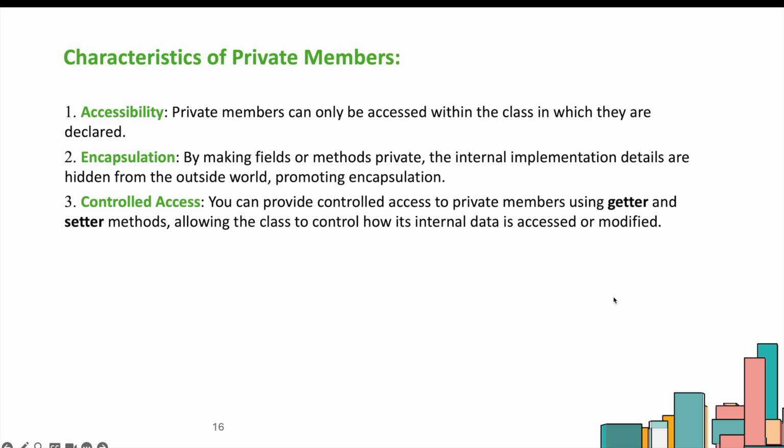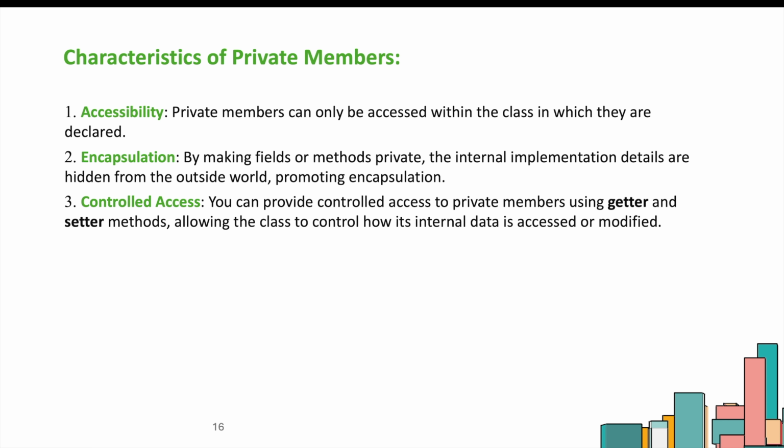So as I said, private members are only accessible within the class. Private members typically have three characteristics: accessibility, encapsulation, and controlled access. Accessibility means private members can only be accessed within the class, not outside of it. Encapsulation is keeping the members within the class.